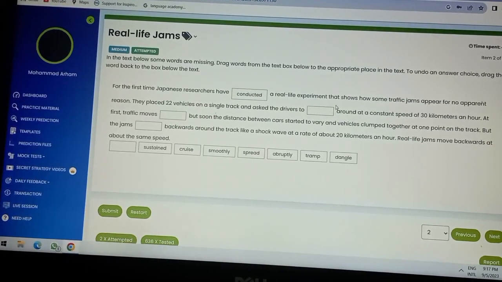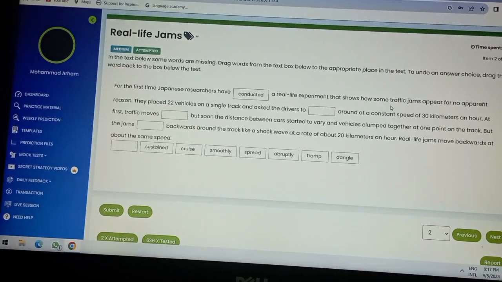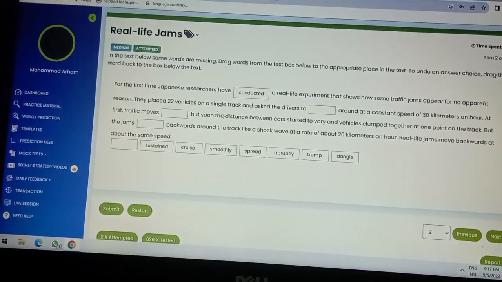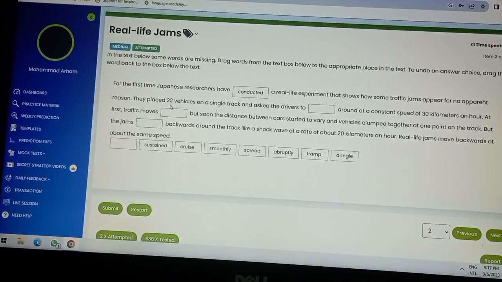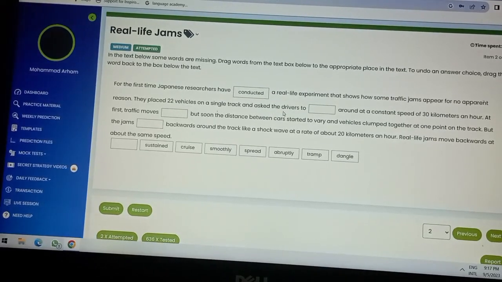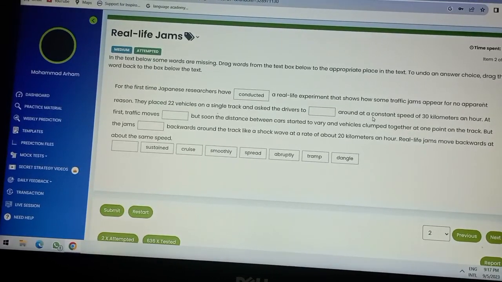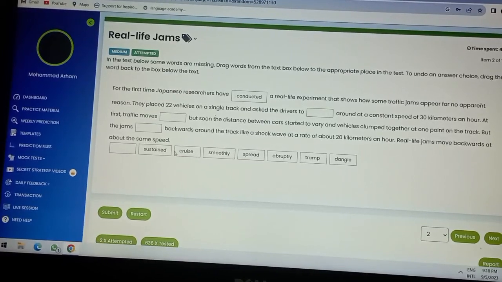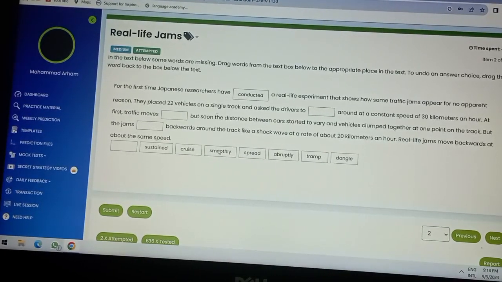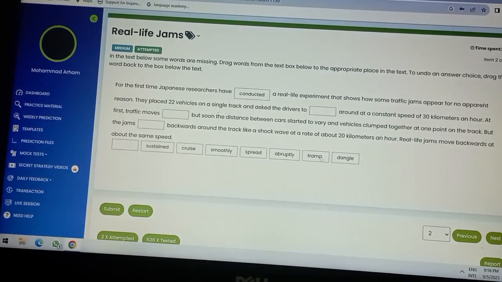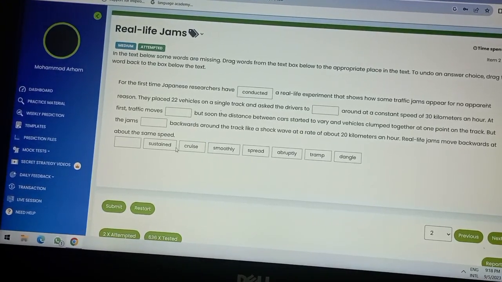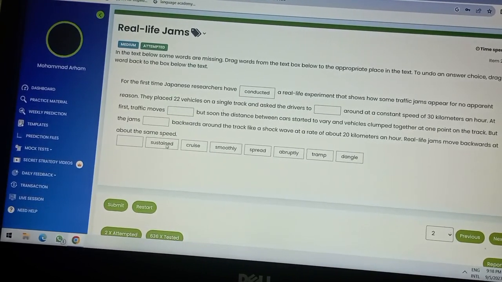A real life experiment that shows that some traffic jams have no apparent reason. They placed 22 vehicles on a single track, and the drivers to dash around: sustained, cursive, smoothly, spread, trampled, dangle are not right; sustain around is also not.